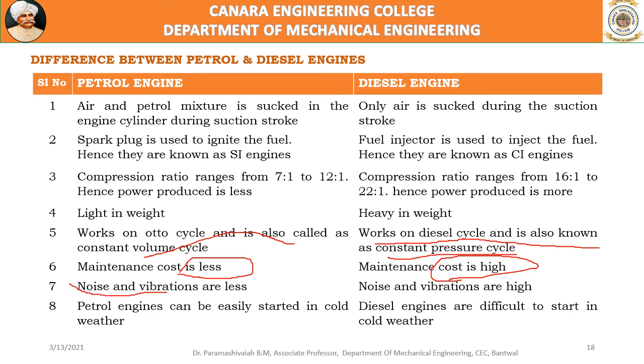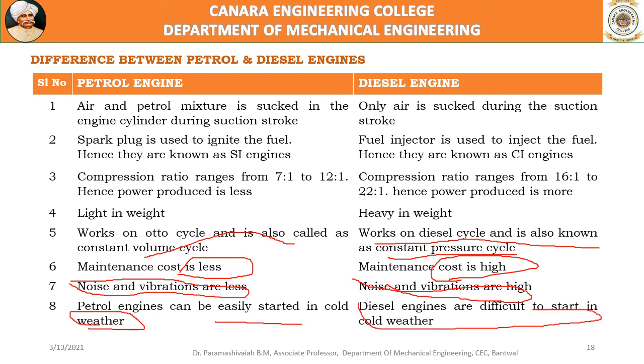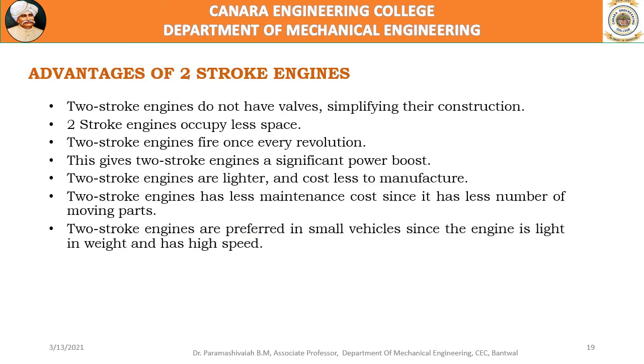Noise and vibrations are less in case of a petrol engine. Noise and vibrations are more because of the high compression ratio in case of a diesel engine. Petrol engines can be easily started in cold weather because we use a spark plug. But diesel engines are difficult to start in cold weather.